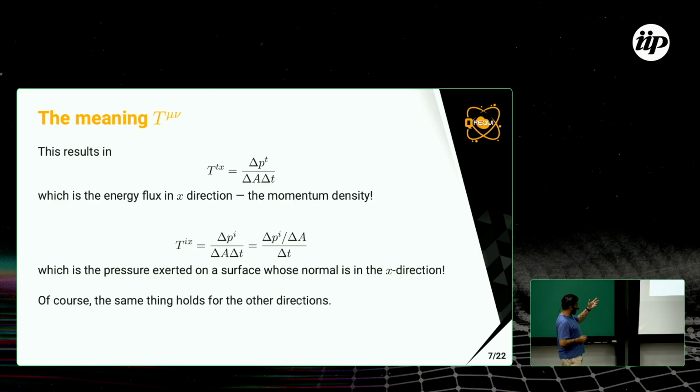That's all the meaning of the energy momentum tensor. So all of these is a source of gravity. So pressure is also a source of gravity. That's extremely important, actually. In Newtonian physics, just mass is a source of gravity, but here everything is a source of gravity.